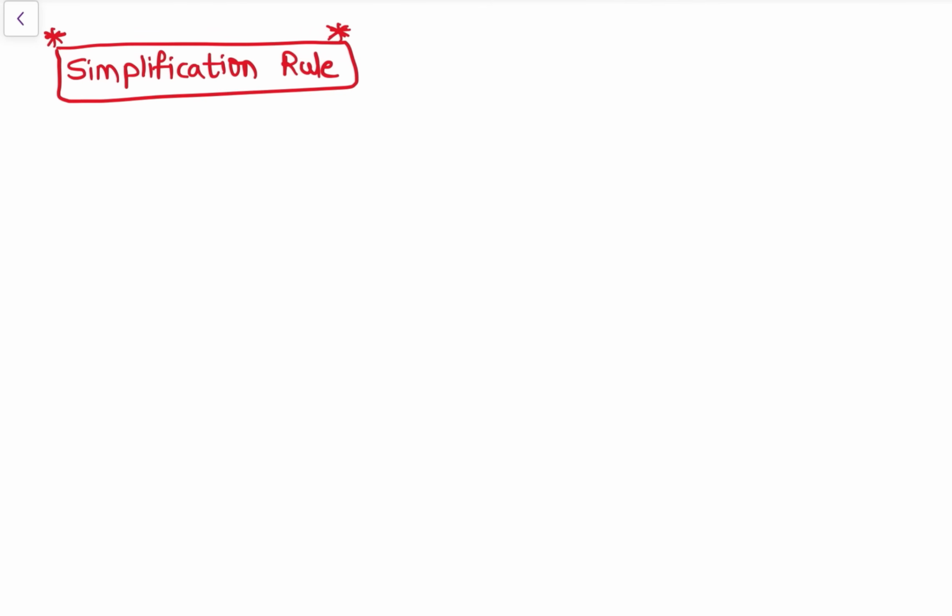See, let's see this question. This remainder of 12 into 20 into 28 divided by 15.